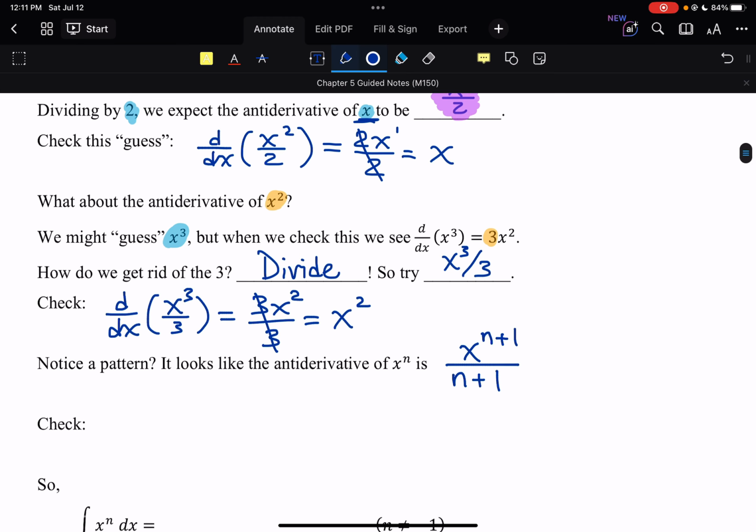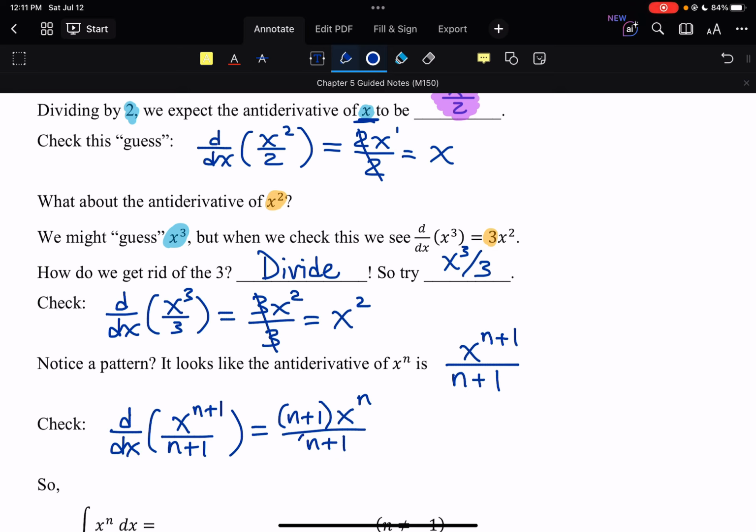We can check this pretty easily, just like we checked these other ones. So if we take the derivative of this, we do the power rule. We bring down the n plus 1, subtract 1 from the power, that's n, over n plus 1. These will cancel and leave us with x to the n.